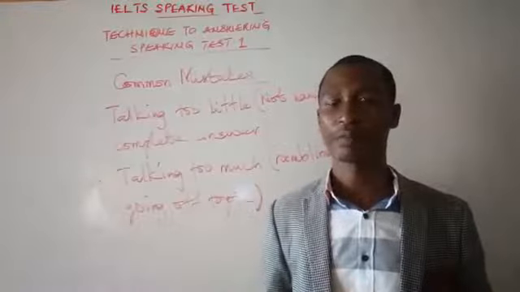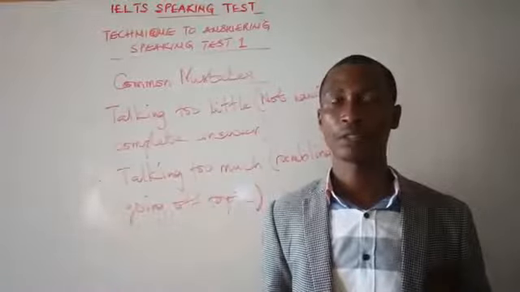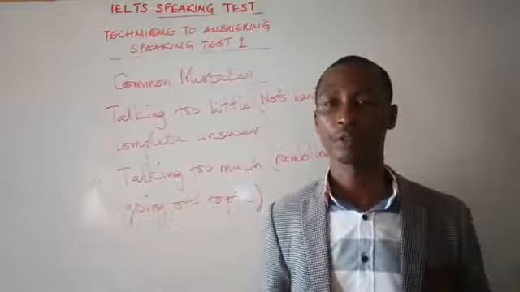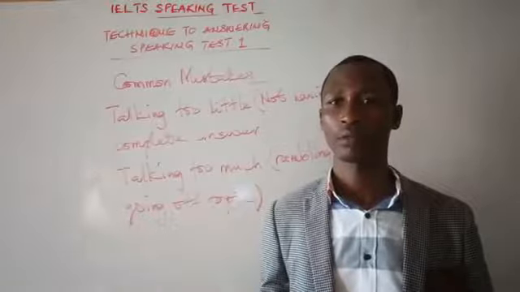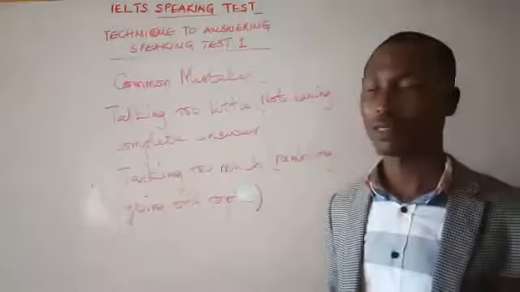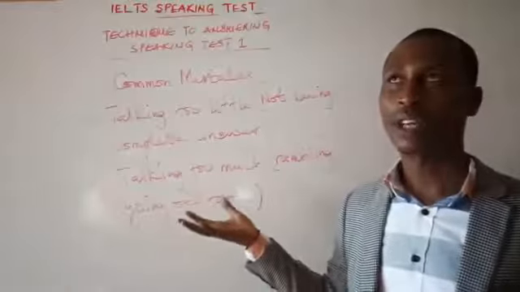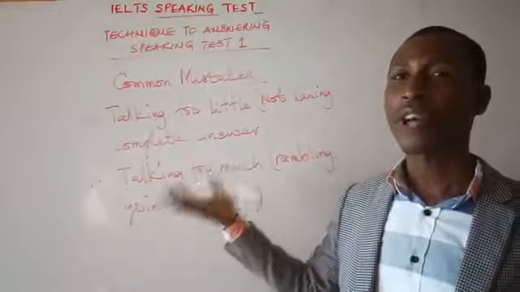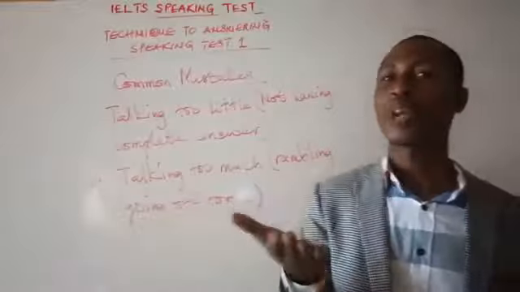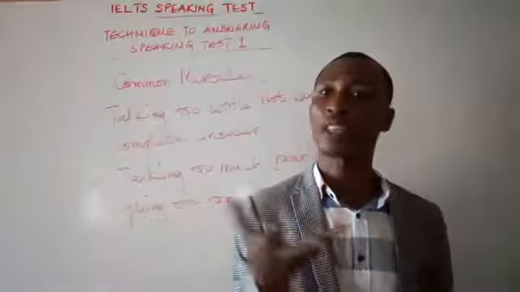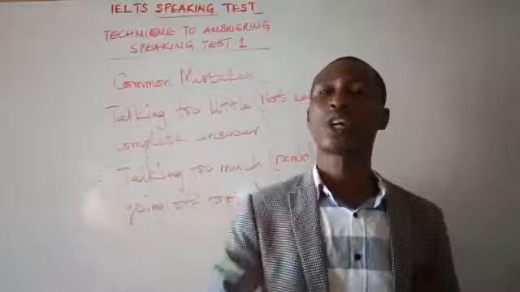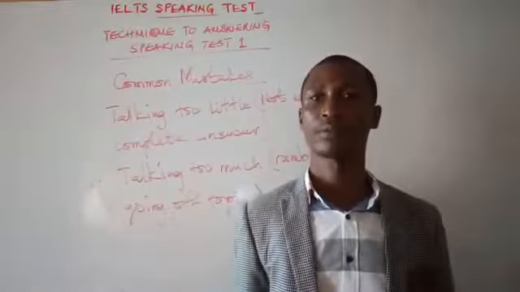That one is missing. So if you say, who's your best friend? Kofi. The answer is too little or incomplete, because vital aspects on which you are going to be assessed to get the marks are missing. So you can't talk too little.